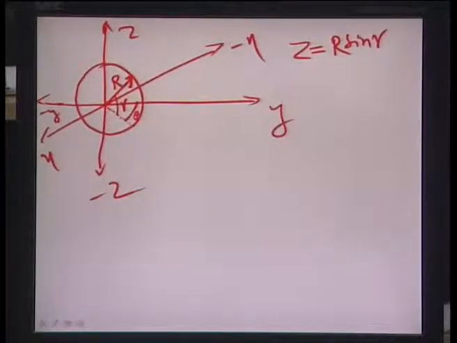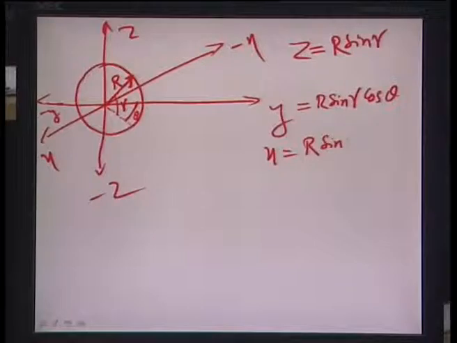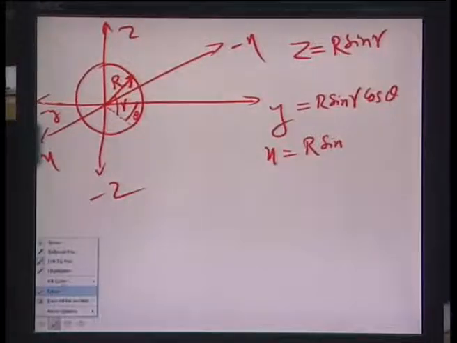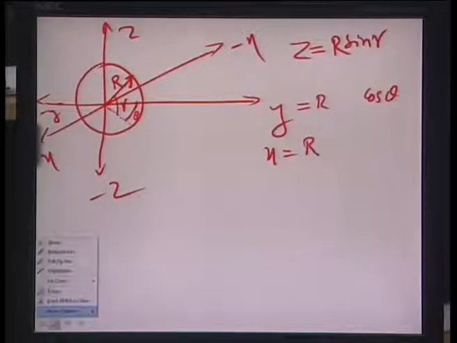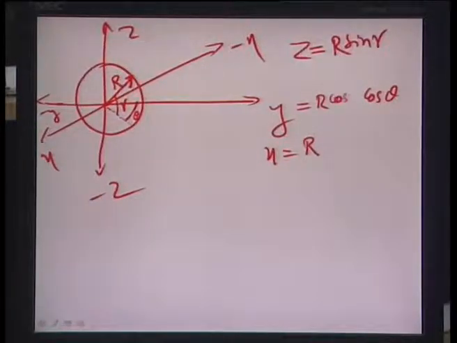In that case the corresponding y value for this radius vector would be equal to r cos gamma cos theta, and the x value would be equal to r cos gamma sin theta.